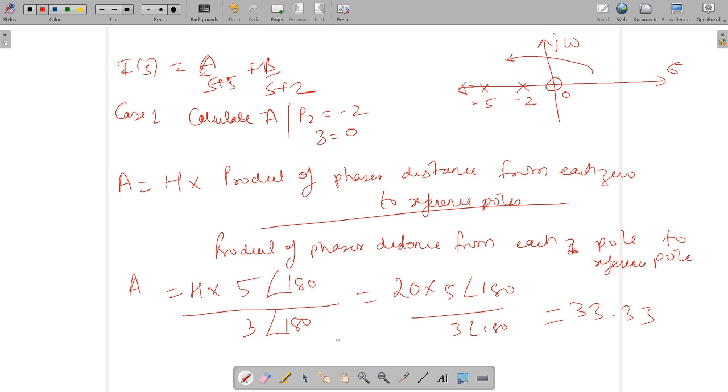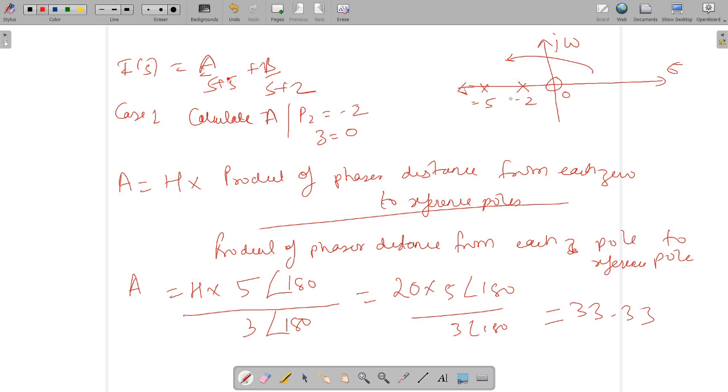So what you have done: in this case, when you have to find the coefficient, you will have to take the reference pole. What is the reference pole? -5, because A is linked with the -5. So keep -5 as the constant, and try to find the distance through another pole and the 0.